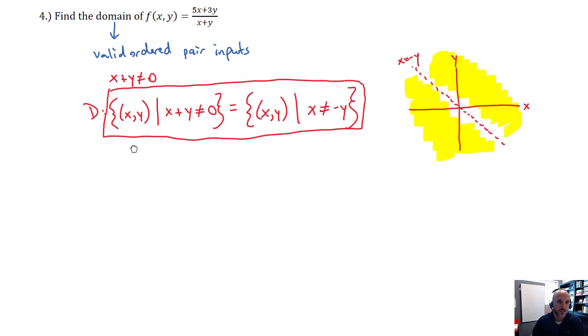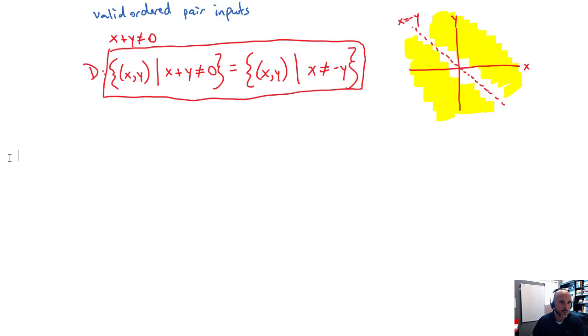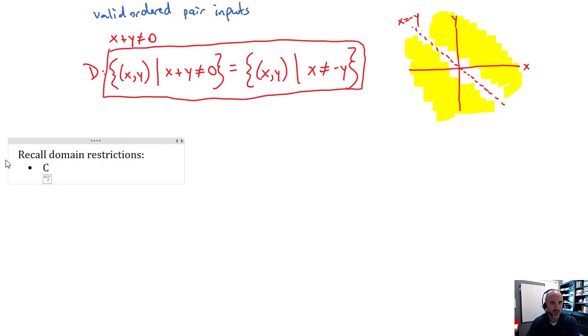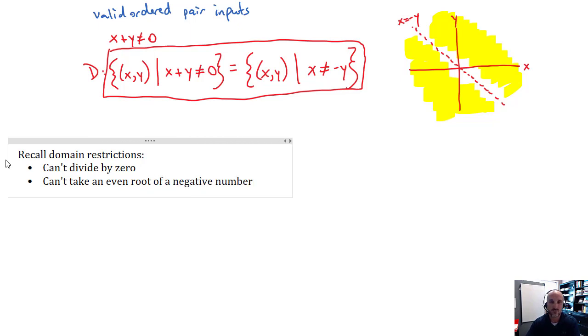Okay, so let's review what types of things you might run into issues with on domain. Let's recall some domain restrictions. Okay, we just saw we can't divide by 0. We also cannot take an even root, like a square root or a fourth root of a negative number, because we'll get imaginary numbers which are not real numbers.